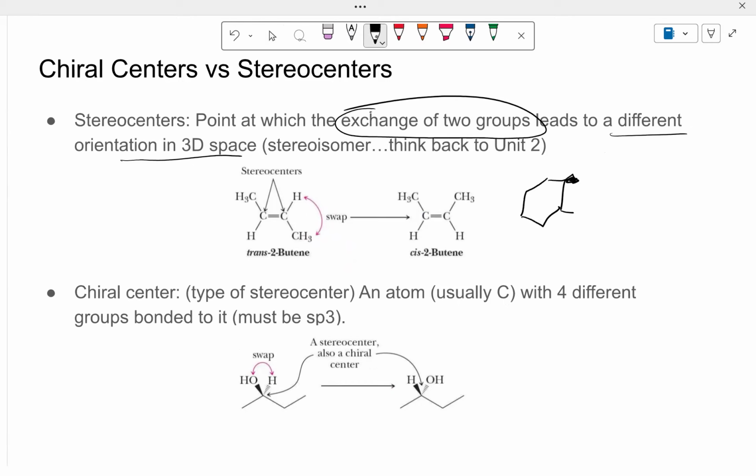I gave this example of the cis isomer of 1,2-dimethylcyclohexane and the trans isomer. That should be a solid wedge. So what I literally had to do is take this carbon here, this methyl, and this hydrogen, and switch places with them. So now the hydrogen is here, and that methyl group is there.